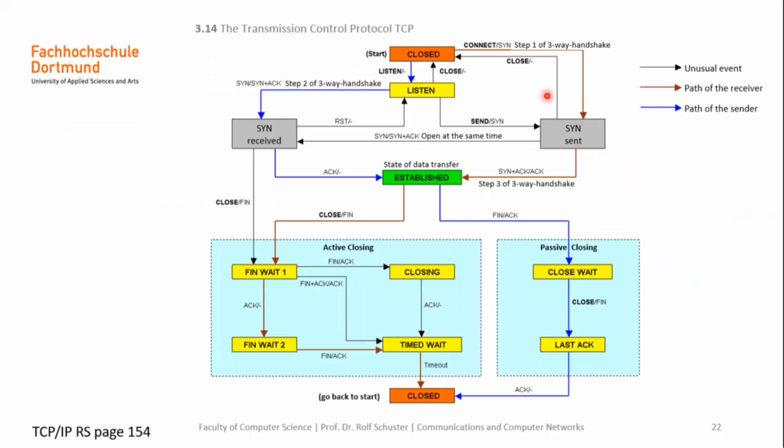And here you have the state machine. There are typically several states. The initial state is that the entity is free, is closed, and if we need to establish a connection, we send a SYN, and we expect to receive a SYN with an ACK.